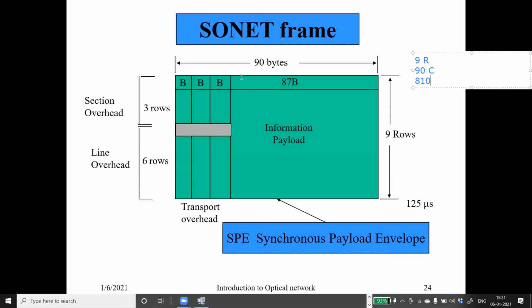Along with that, you will also find one more column of bits being dedicated for payload management. So basically you can say that 4 by 9 is dedicated for your overhead management, and the rest of the area you can use for your payload information.